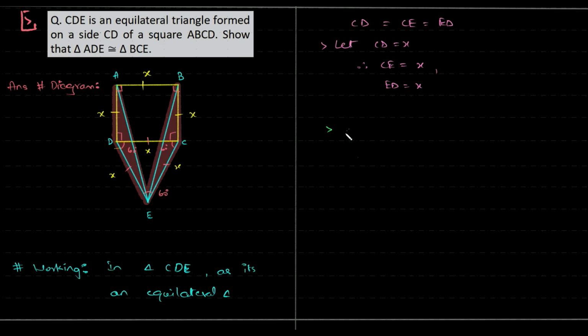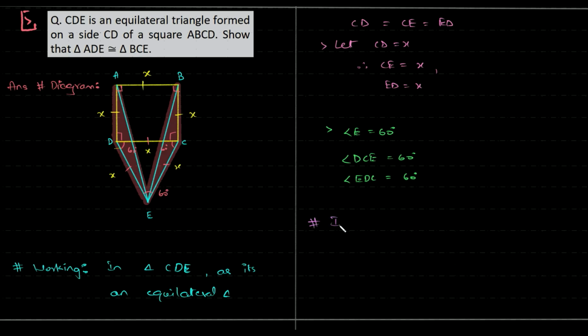So we have angle E equal to 60 degrees, angle EDC equal to 60 degrees, and angle DCE also equal to 60 degrees. Let me write it a bit neater. Angle DCE is equal to 60 degrees and angle EDC is equal to 60 degrees. Okay, so all these angles are equal to 60 degrees.